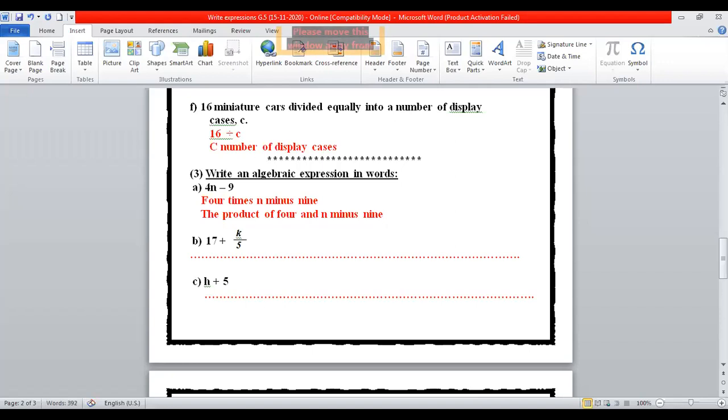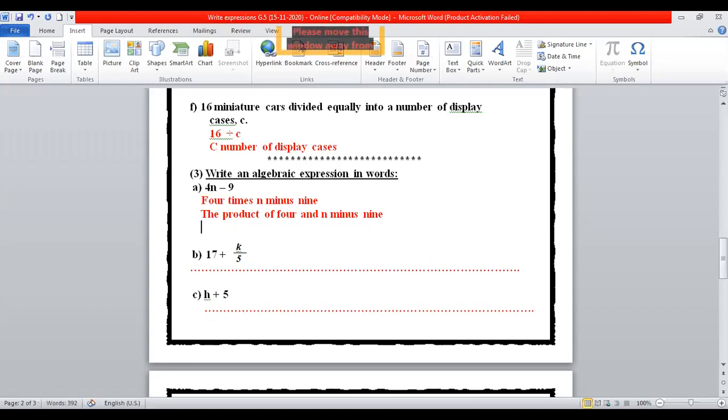Or, for example, we can write it this way. The difference, because here we have minus. The difference between the product of 4 and n, minus 9.